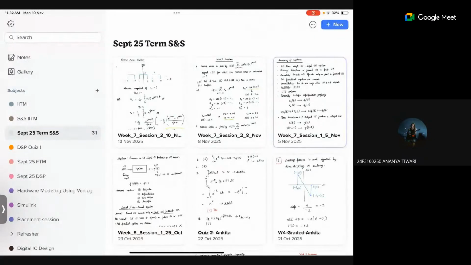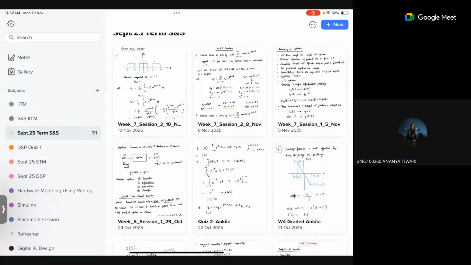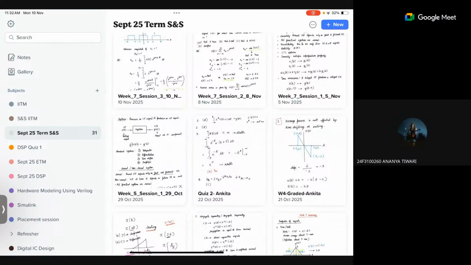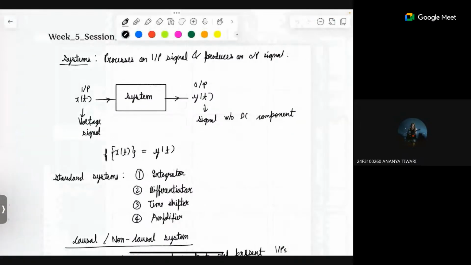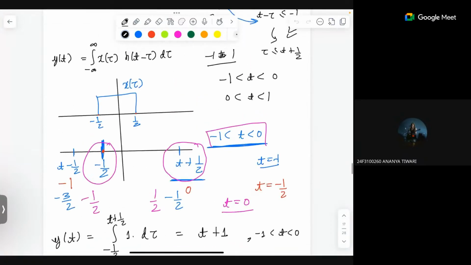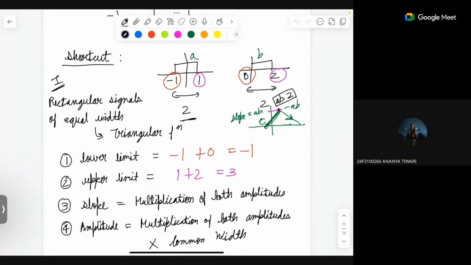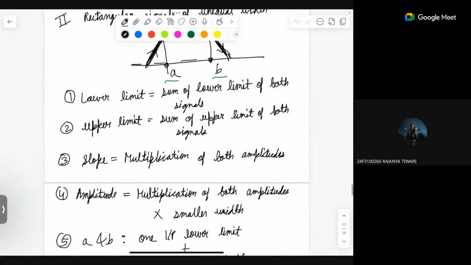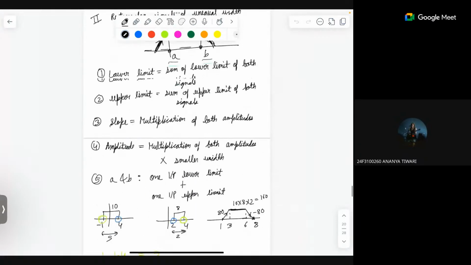I don't know where it went. I'll check the PDF you sent. Was it in week 5? No, ma'am, it was in week 7. Yeah, it was in week 5. So this is for equal width. You want me to copy paste it for unequal width now? Yes, ma'am. Okay.